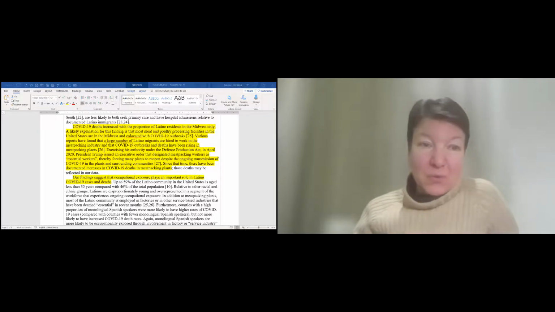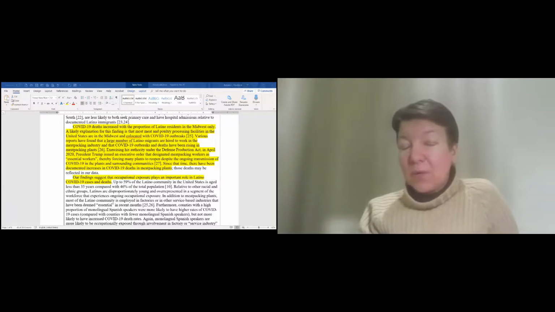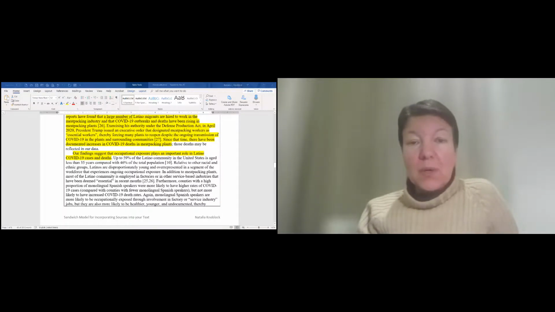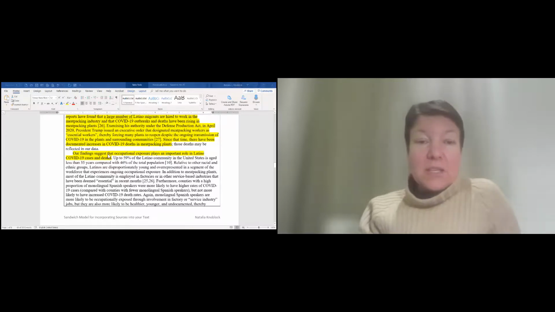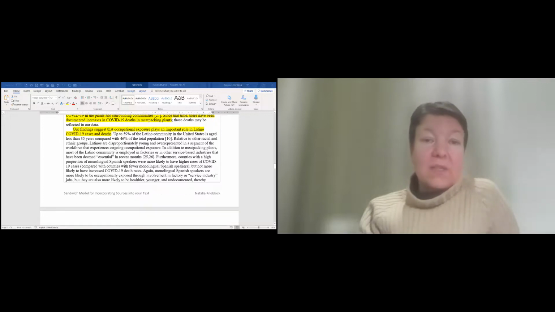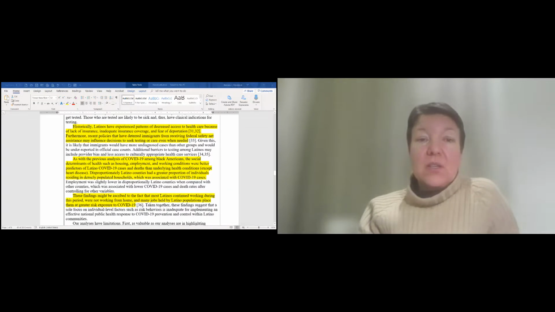They could not refuse to go to work. They did not qualify for unemployment, so they couldn't afford to stop working. And then it shows that occupational exposure, that's work-related exposure, plays an important role in Latino COVID-19 cases of deaths.